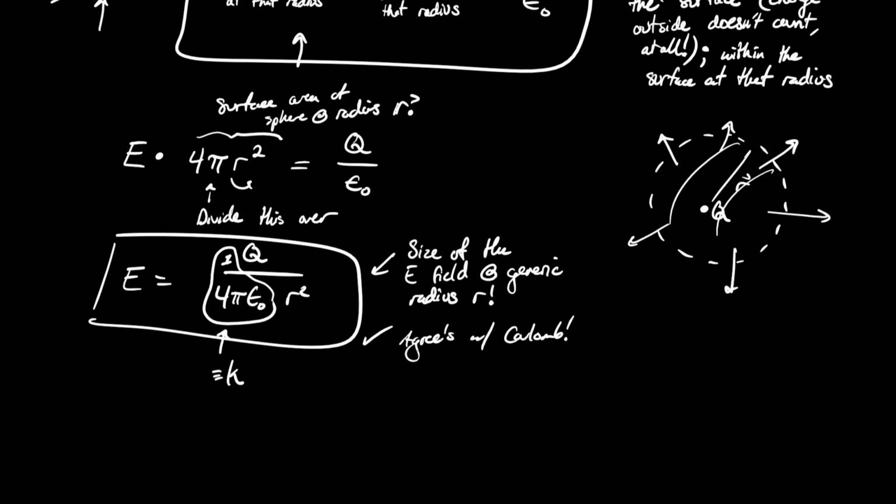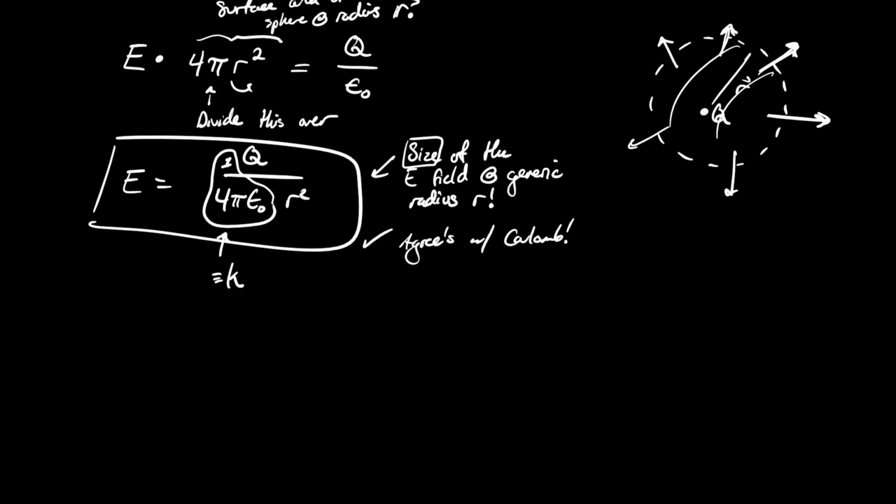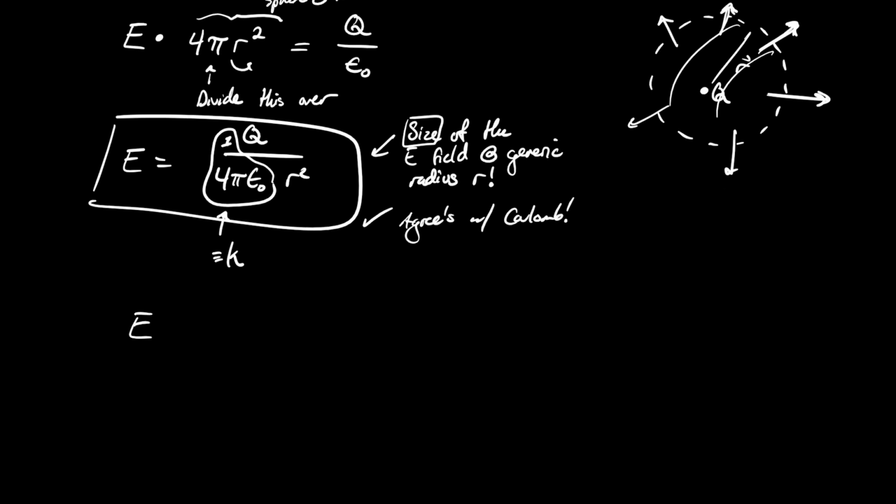Awesome. And now for the direction, remember we got the size, we still need to specify the direction. The direction will come from us looking at the problem and assigning it the direction that it points in. So from the symmetry of the problem, we already noticed and sketched that it points in the radially outwards direction. So if you want to make this a full answer, you could write it like this.